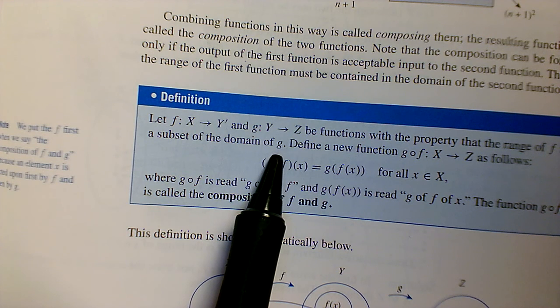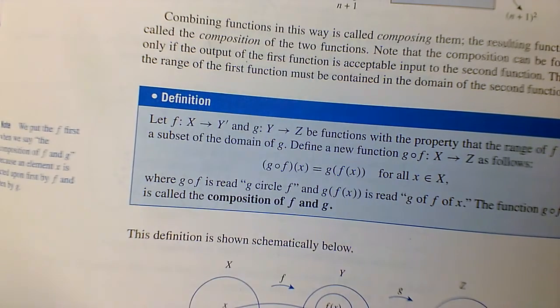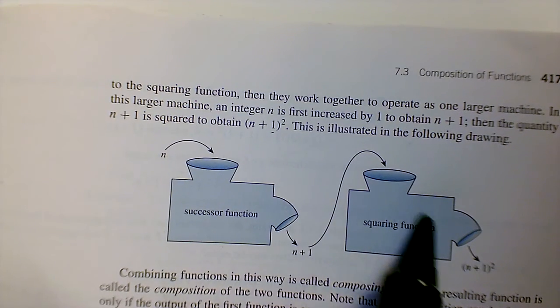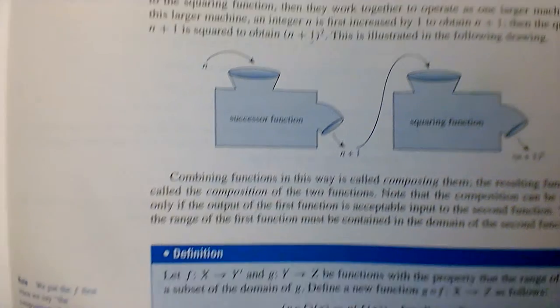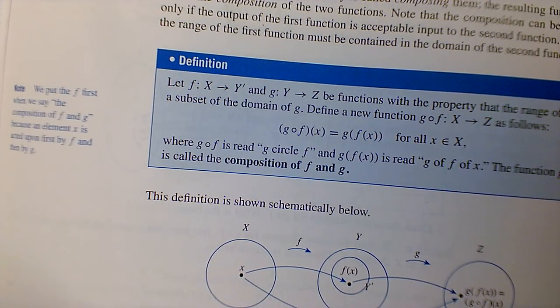That makes sense because what comes out of one function box has to be able to go into the next function box. That's why we have that property.